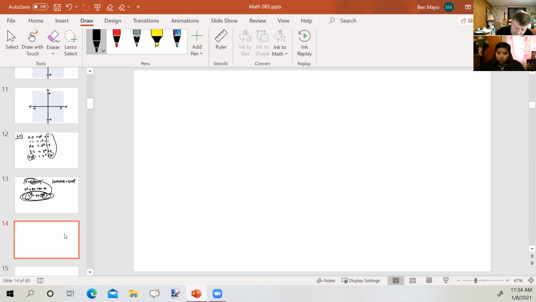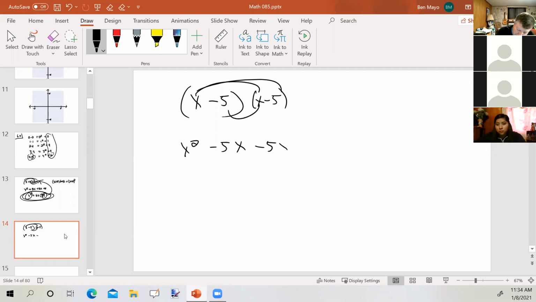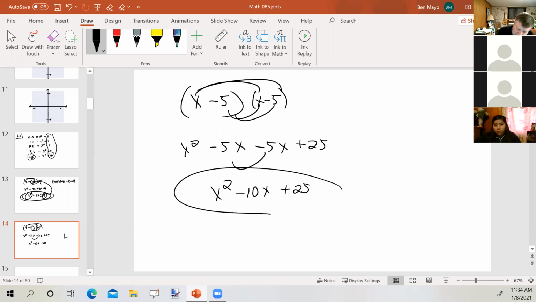Let's take another example. Let's say I've got x minus 5 times x minus 5. If I FOIL that together, I get x squared minus 5x minus 5x plus 25. Combining like terms, I get x squared minus 10x plus 25.